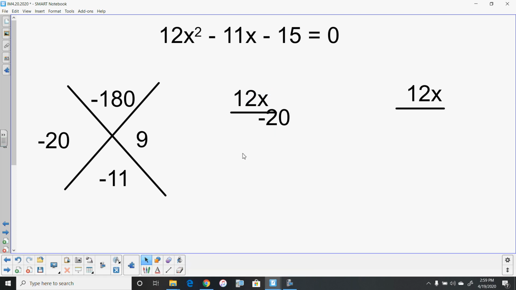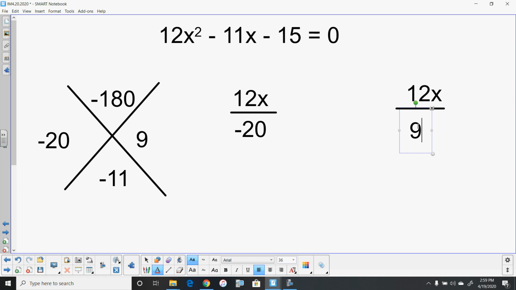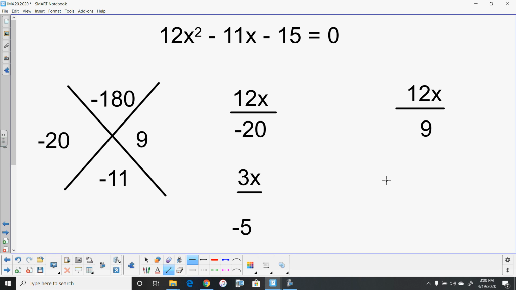Rather than trying to remove the greatest common factor and fill in the dimensions of the rectangle like we did, we're just going to reduce each fraction. Both of these actually are going to simplify. I can simplify this top one to be 3x over negative 5, and I can simplify the one on the right to be 4x over 3.